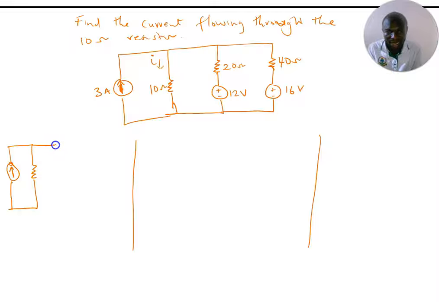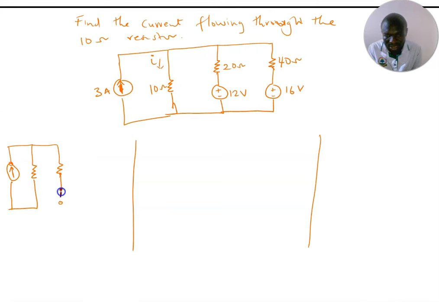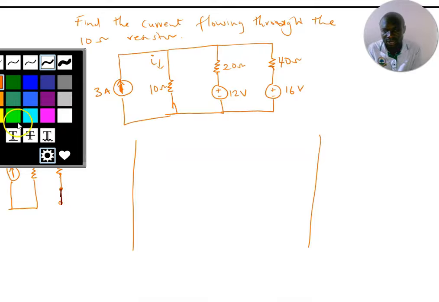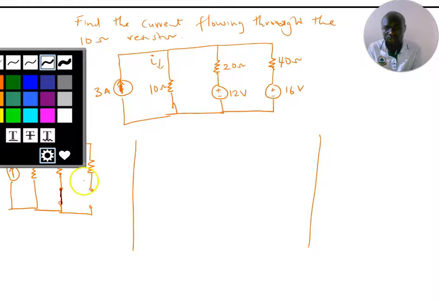Then I have a resistor here, and at this point I'm going to short circuit the path. This is short circuit. Are you okay? Yes. Then we also have a third resistor over here, and this too is short circuited. So we short circuit the path.